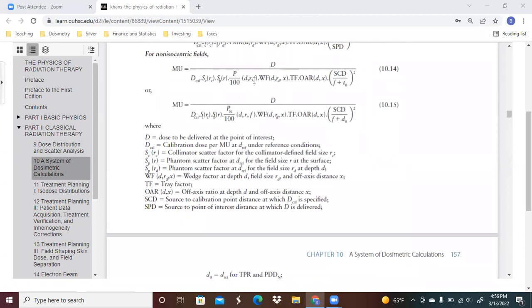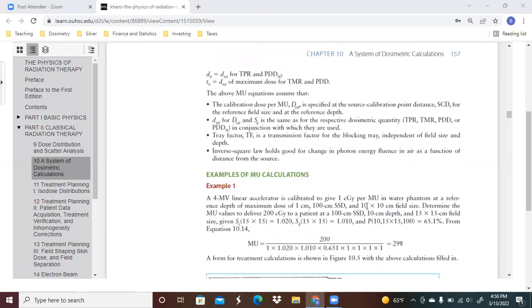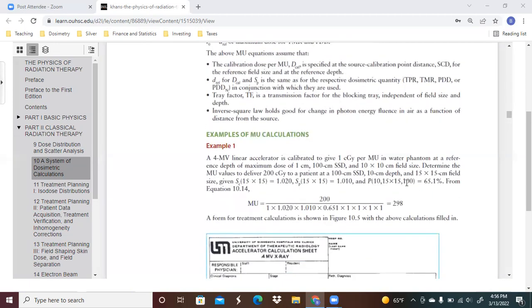You can see this is going to be referring to your SSD, this is your field size, and this is your depth. So that's what it's trying to fill in here with all of these numbers. This is your depth, this is your field size, and this is your SSD. So it turns out to be 65.1.